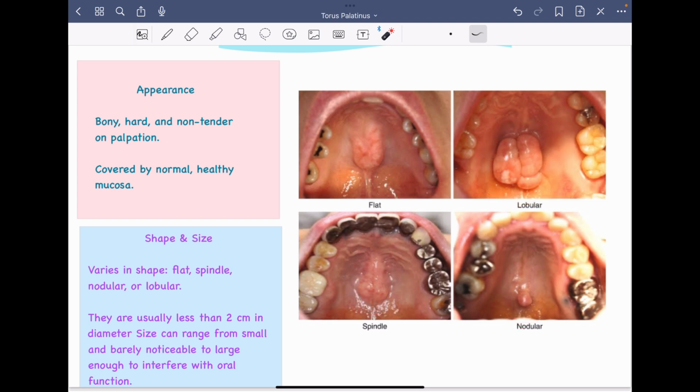So typically they are less than 2 centimeters in diameter. However, the size can range from small and barely noticeable, here you can see only a single nodule, to incredibly large sizes. And when the size is very large, it might interfere with the oral functions. As you can appreciate here, it's a very large lobular type, so it might hinder the oral function.